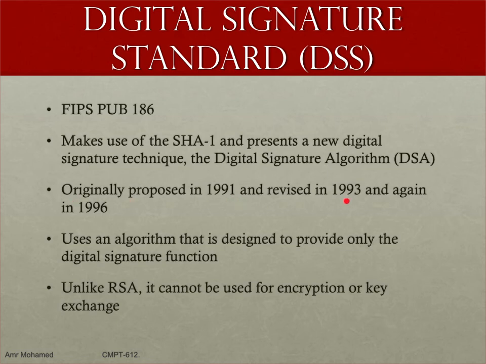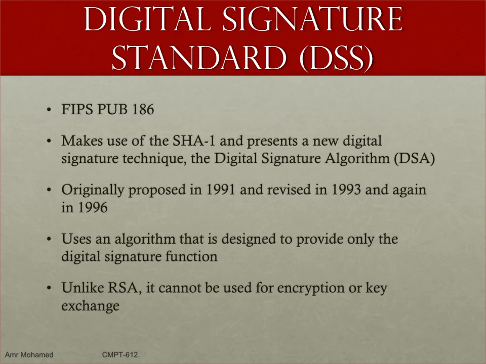It was originally proposed in 91, and then in 93 and 96, and it uses an algorithm designed to provide only the digital signature function. By this we mean data integrity, which means just the hash.